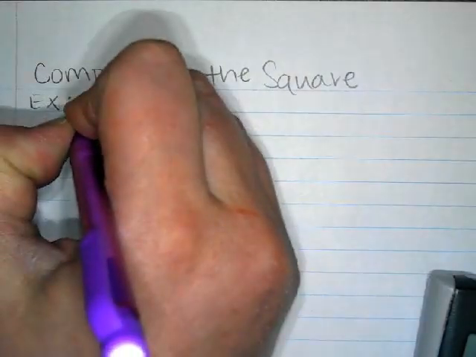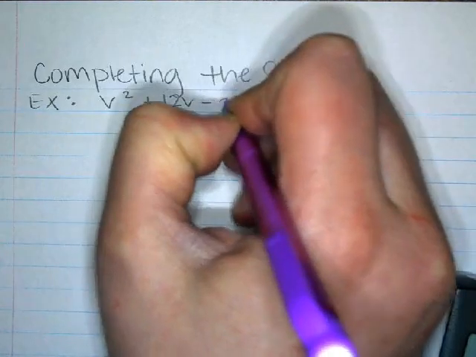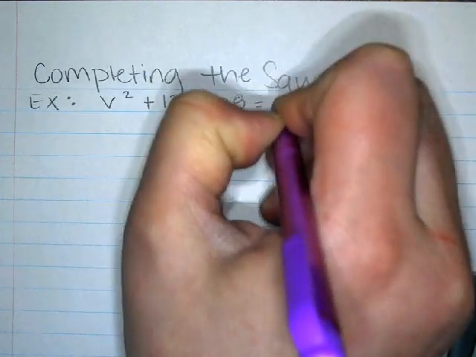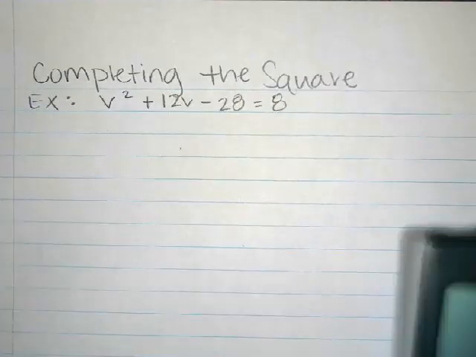All right. So if I did v squared plus 12v minus 28 equals 8, what is my first step?